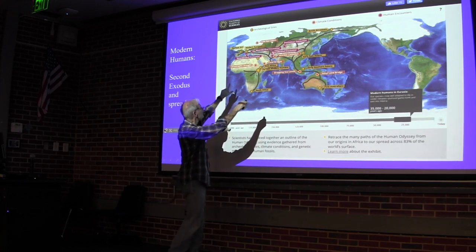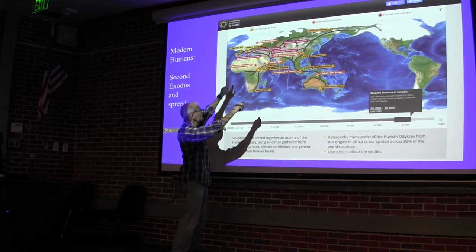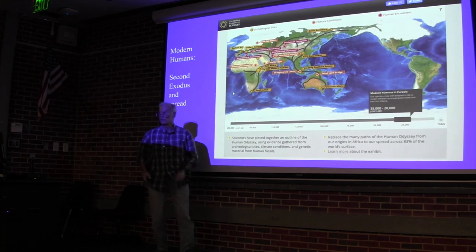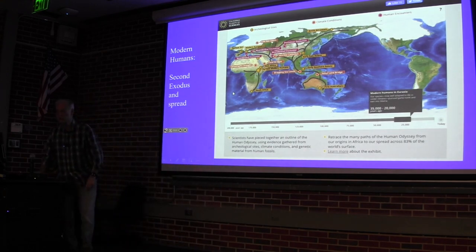But notice, it begins to make contact roughly in this region here, with Neanderthal that was already there, that had already been there for 300,000 years and was fully adapted to cold. And there was interbreeding.